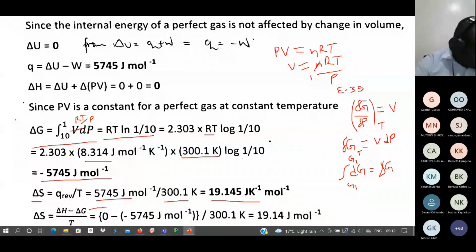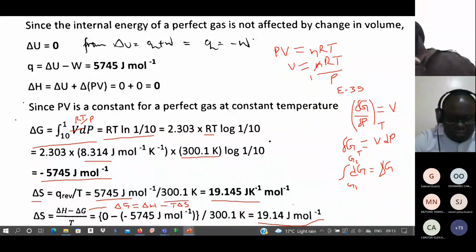This expression here is gotten from the expression for delta G, which is equal to delta H minus T delta S. So if you make delta S the subject, it's going to be equal to delta H minus delta G over T. When you put in the values, because we have previously determined the values for delta H and delta G, you're going to get a similar value for delta S equal to 19.14 joules.